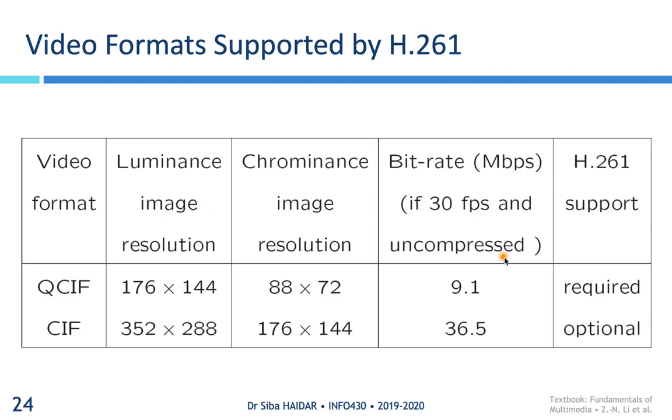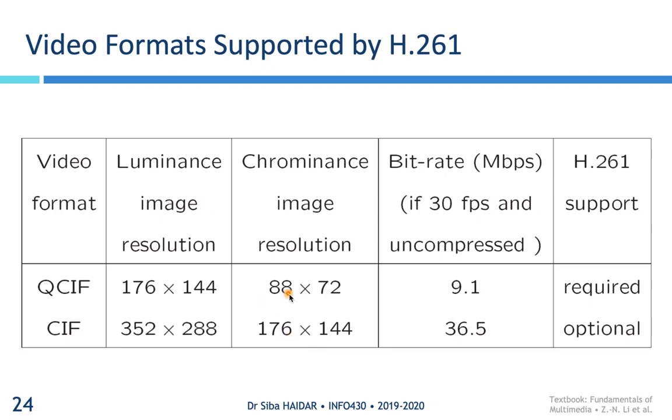What are the video formats supported by the H.261? As you can remember from the chapter on video, we have those formats. The QSIF is a quarter of SIF, half the number of lines, half the number of columns, and this is the chrominance image resolution, also subsampled with chroma subsampling.